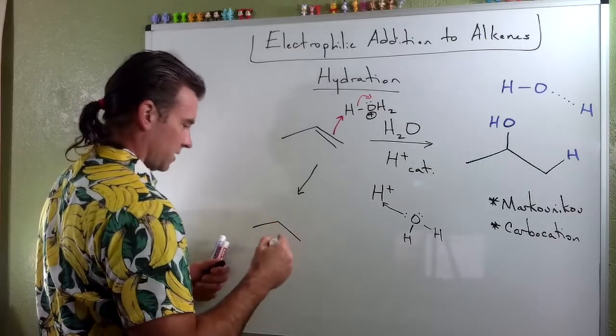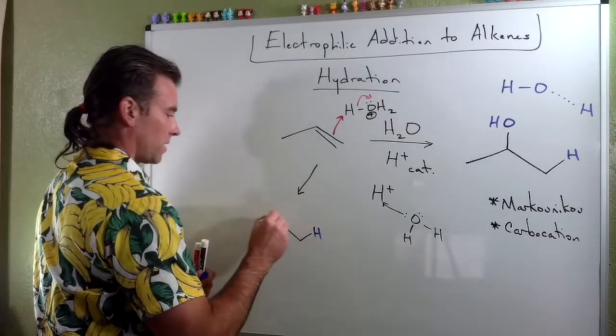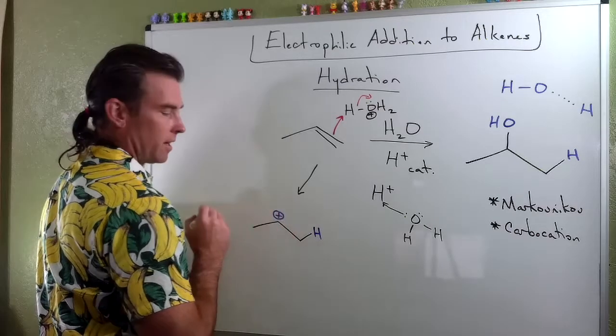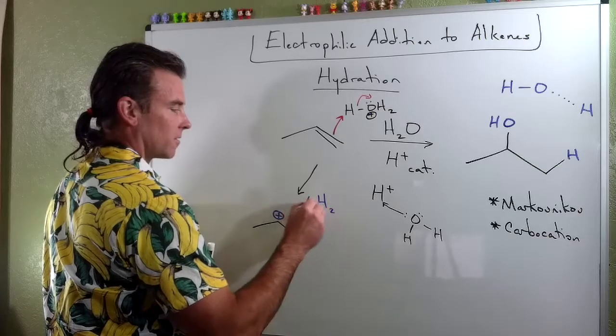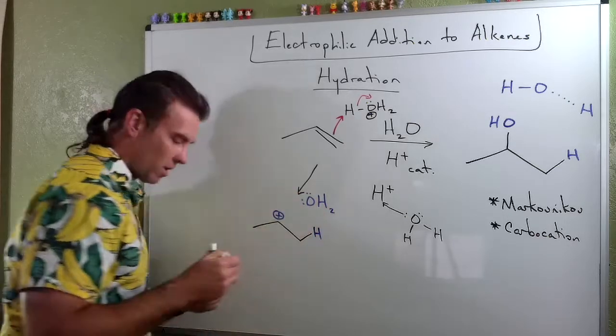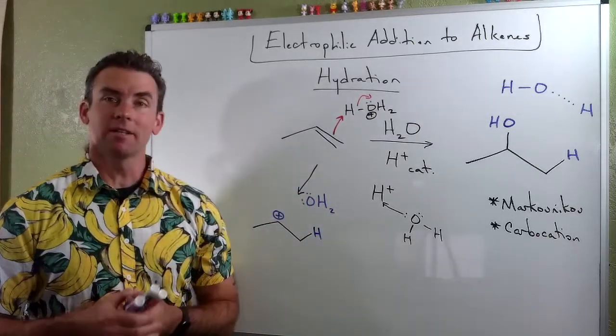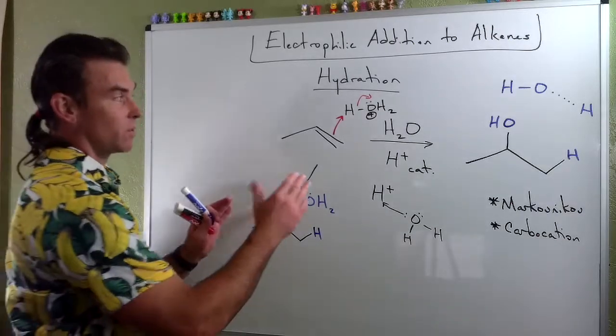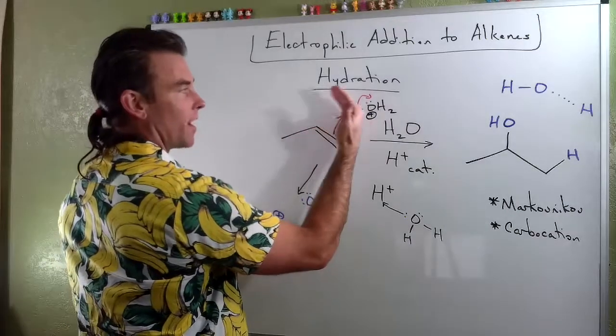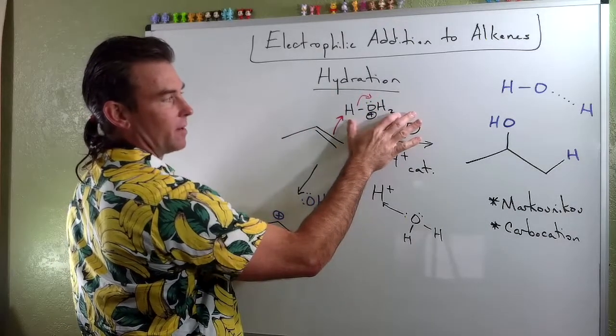And just to stay consistent here, let's put our H there, and our H plus, and then of course, we've got this H2O floating around as a byproduct. Just like in the HX addition, now everything switches, whereas this thing was the nucleophile attacking an electrophilic species.